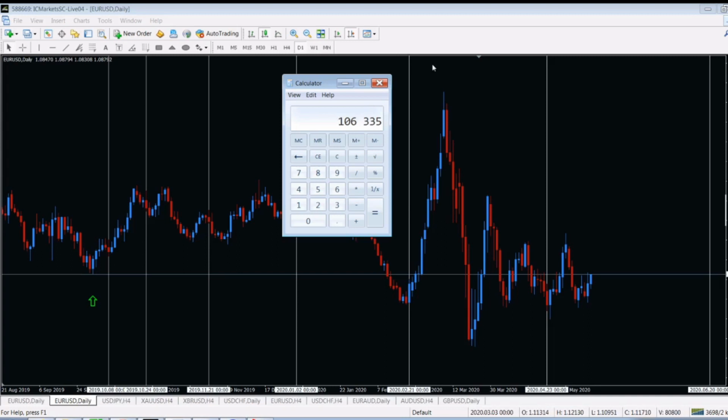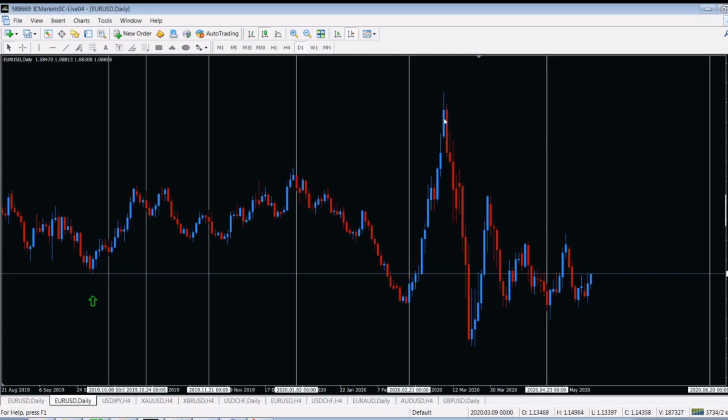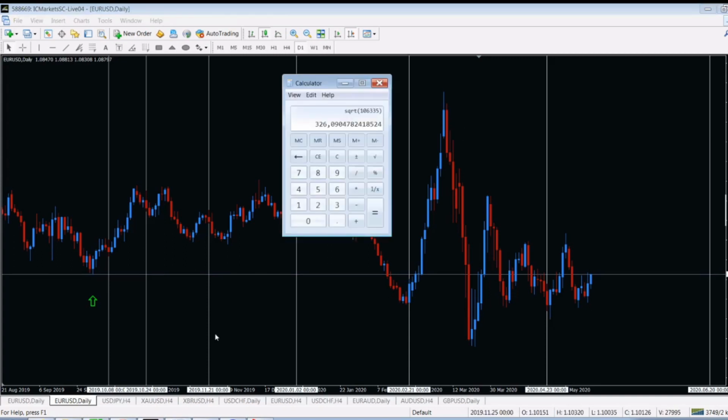If you take the square root of this number, you get 326.09. So we've got 326.09 from one side. From the other side, we've got the high here, which is 114,964. If we take the square root of this value, we get 339.06.